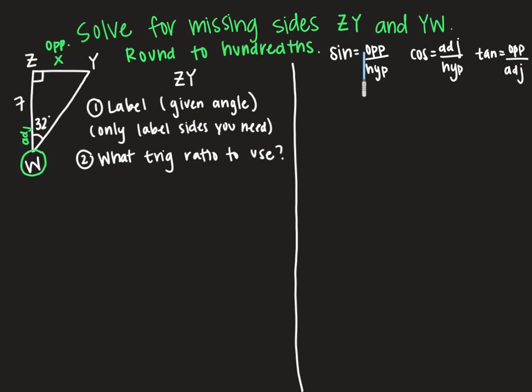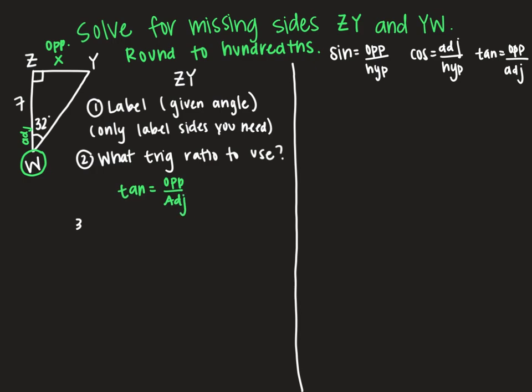Sine has hypotenuse, which I don't have labeled on my triangle. Cosine has hypotenuse, which I don't have labeled on my triangle either. Tangent has both opposite and adjacent, so that's the one that I'm going to use. So I figured out that I'm going to use tangent, which is opposite over adjacent.